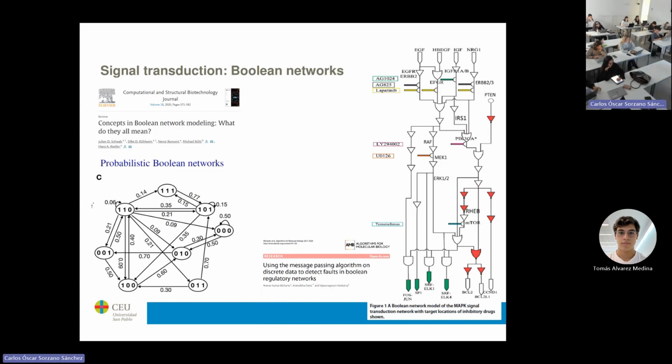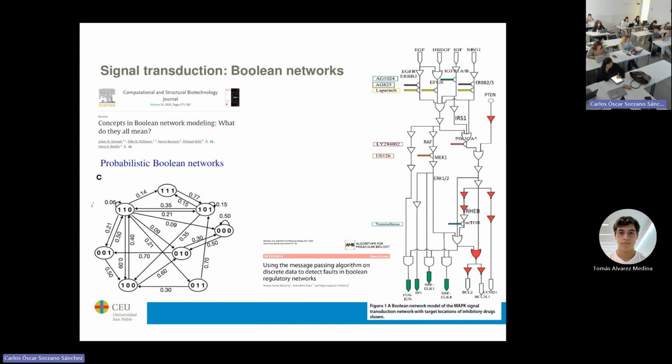You can model all these networks with different tools. For instance, you can use probabilistic Boolean networks, but let's start with Boolean networks first. A Boolean network would say, if the concentration of this molecule is high, then, this is the epidermal growth factor binding the epidermal growth factor receptor.